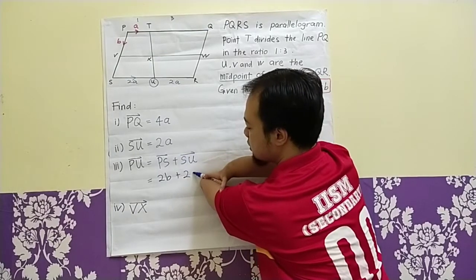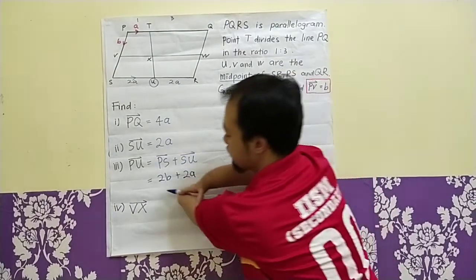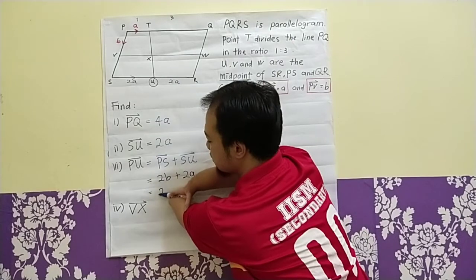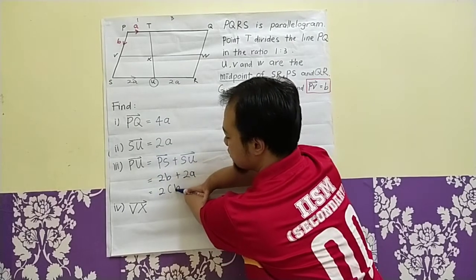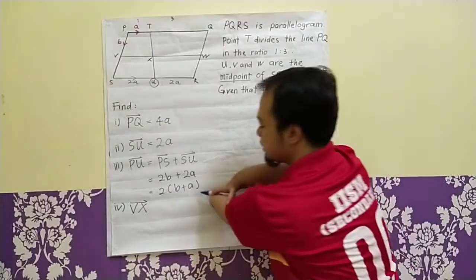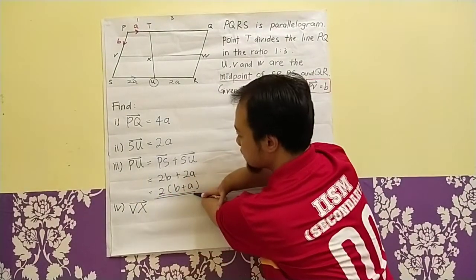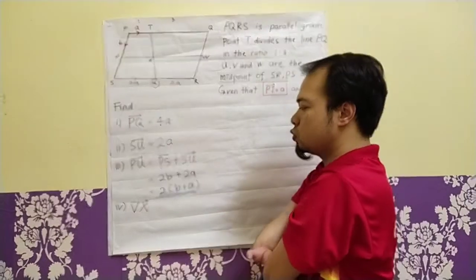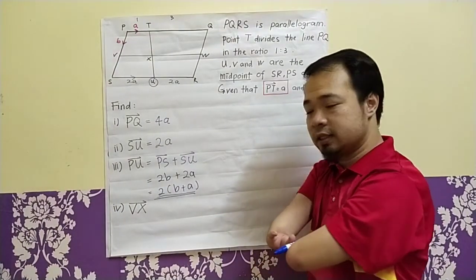Factorizing, you get 2 bracket B plus A. So this is vector PU. Clear so far? Follow?